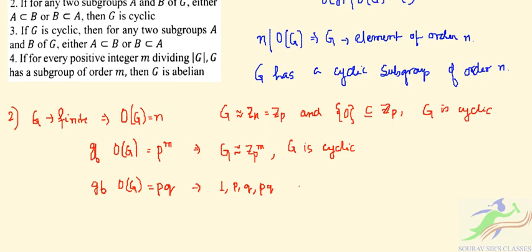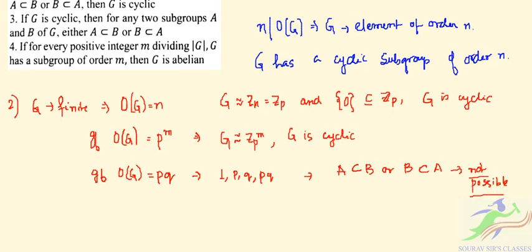So here you can say that A is a proper subset of B, or B is a proper subset of A, which is not possible. So in all other cases this is not achievable. Hence our option 2 is incorrect.